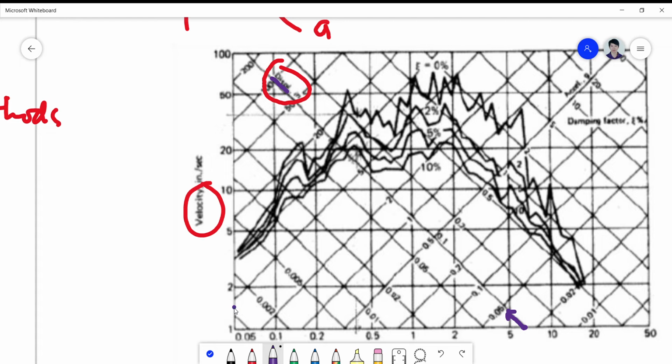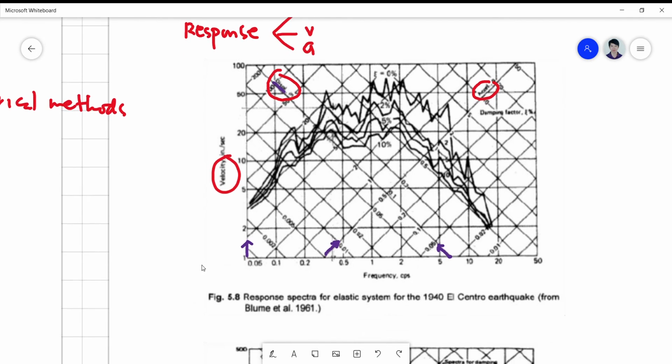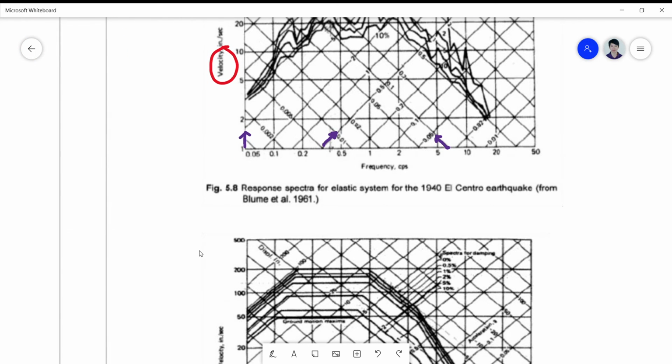For the velocity, this is here going upward, and for the acceleration, which is this one here, this axis is going from here, going right, going upward to the right there. Okay, so you have a tripartite response spectrum because it involves three responses at the same graph. Again, this is for elastic system, and the source is from El Centro 1940 earthquake.